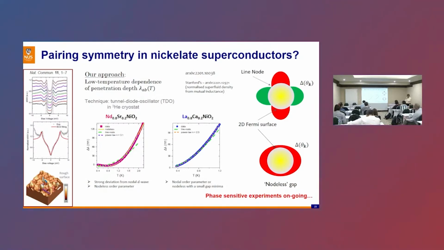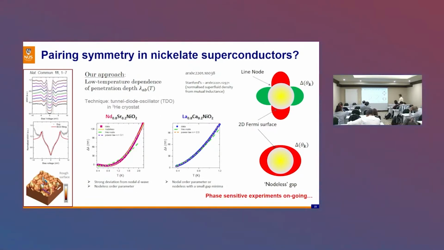So we have to aim at very low temperature, 100 millikelvin. The London penetration depth is related to the gap of the system, and from the fitting and the power dependence you can classify whether it is more related to D wave or S wave, or a mixture of D wave and S wave.